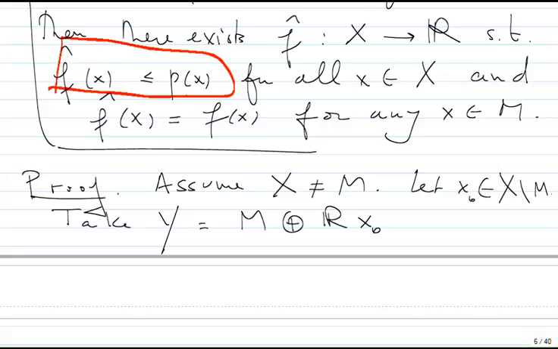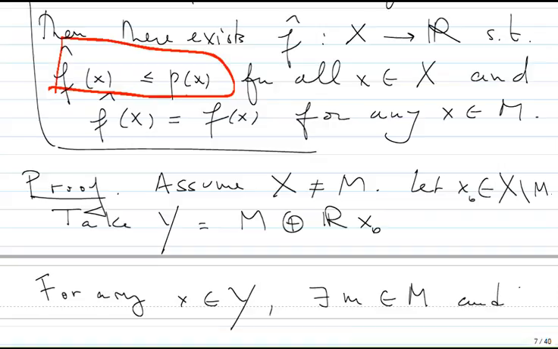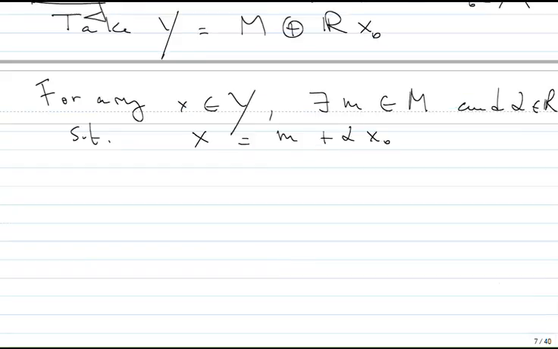So clearly for any x in Y, there exists m in M and alpha in R, such that x equals m plus alpha x0 in a unique fashion.